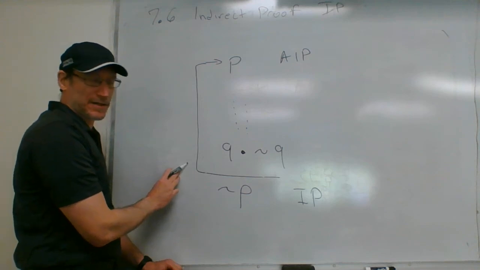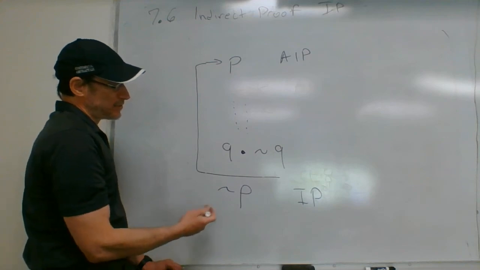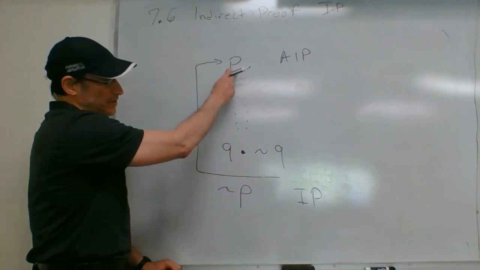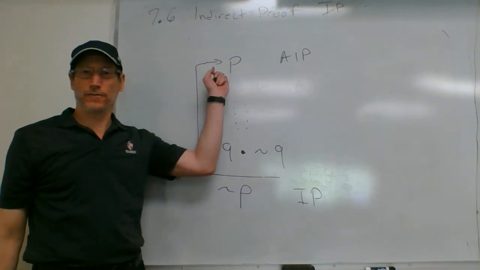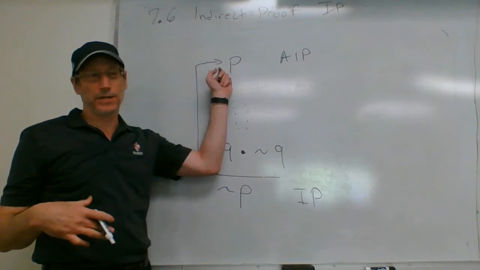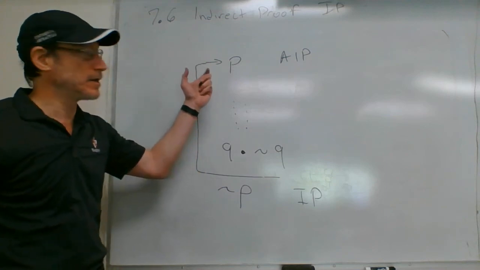So one of the things about indirect proof is it always allows you to tack on a tilde to the thing that you assume. Now the thing that you assumed, again, P, could be a very long formula. It could be not A, wedge B, biconditional C, horseshoe Q, whatever, something very, very long.